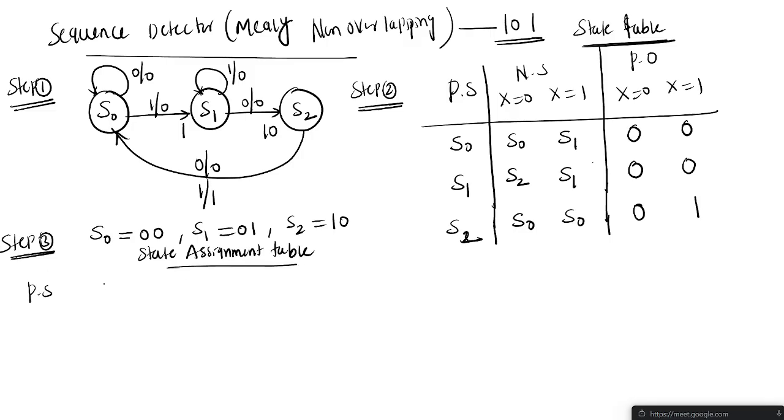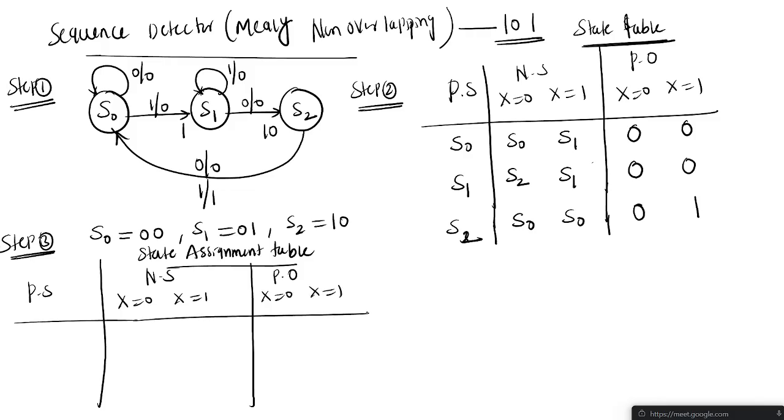Present state and next state, input x equal to 0, x equal to 1, and present output x equal to 0 and x equal to 1. Okay. So here 00, S0 means what? 00. S1 is 01 and outputs are 0 0.